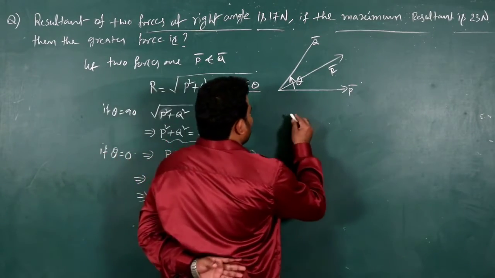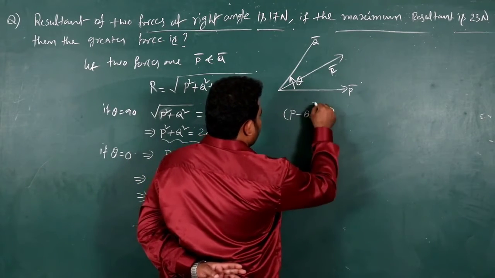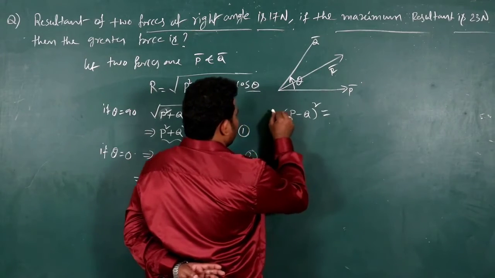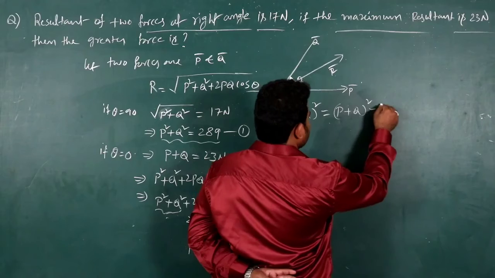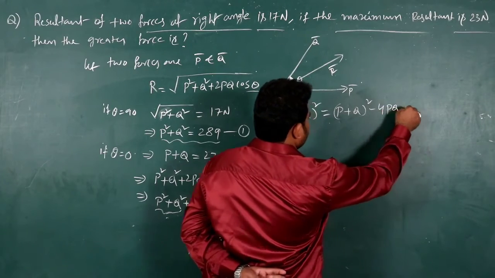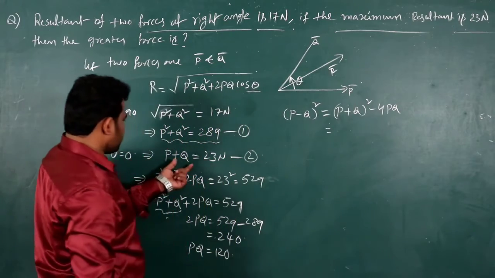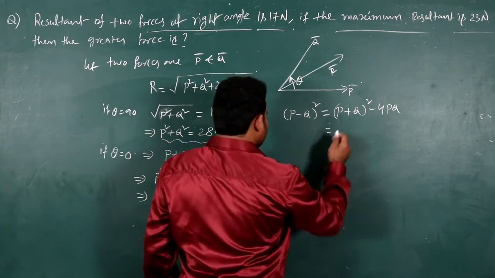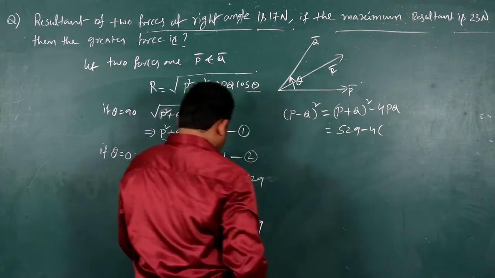So by using mathematics, we know that P minus Q whole square is equal to P plus Q whole square minus 4PQ. Here P plus Q whole square means 23 whole square, which is 529, minus 4 of PQ.